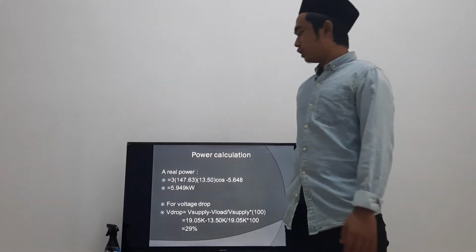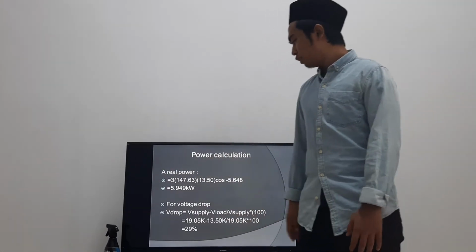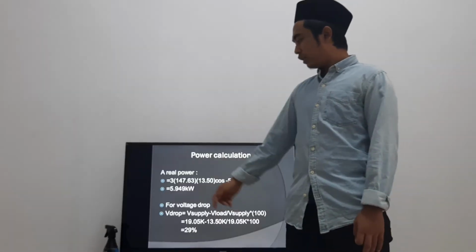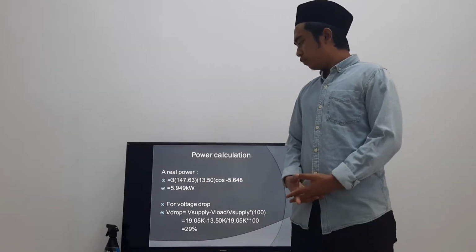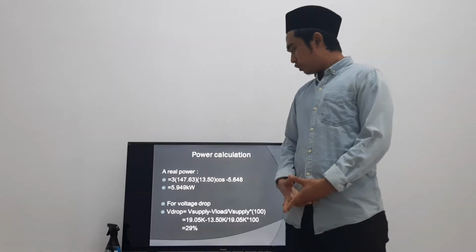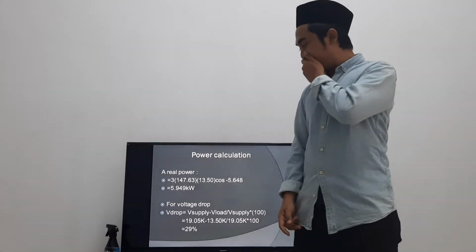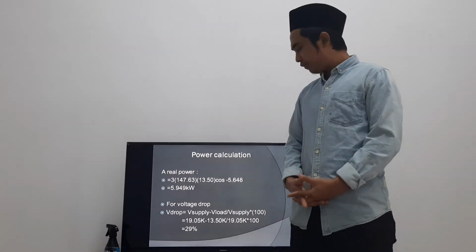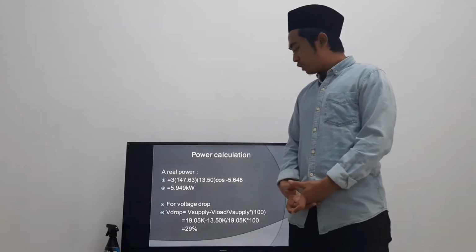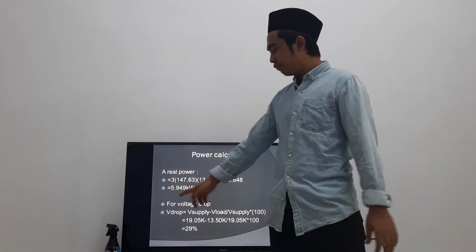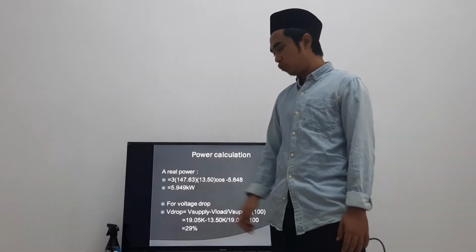Power calculation. The real power equals 3 times 147.63 times 13.50 cos(-5.648) equals 5.949 kilowatt.